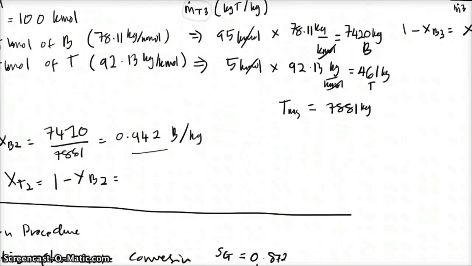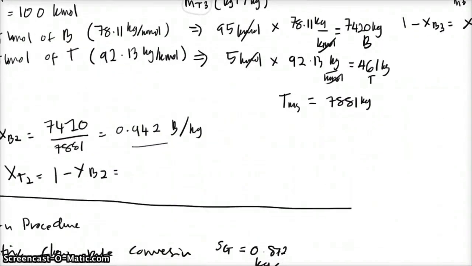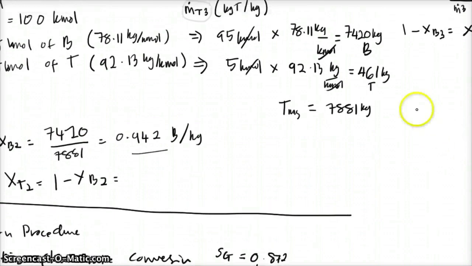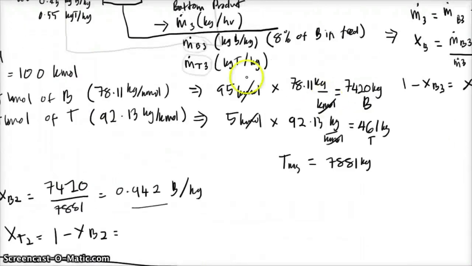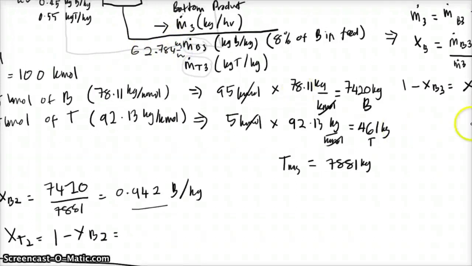While MB3, what's the value of MB3 just now? Value of MB3 is 62.784 kg per hour, and MT3, the final one, is 914.7 kilogram per hour.